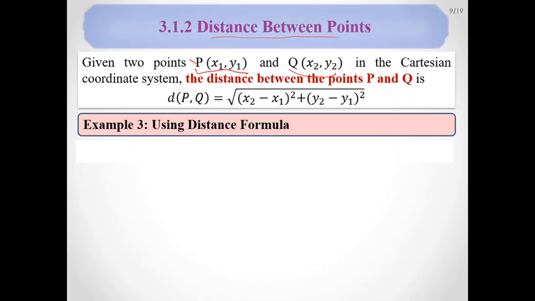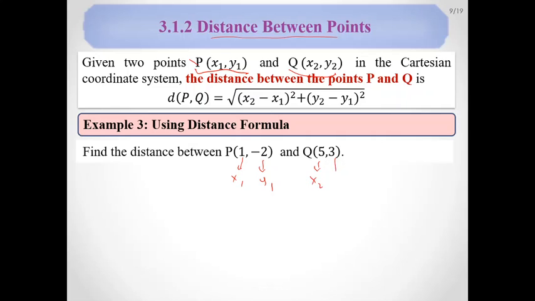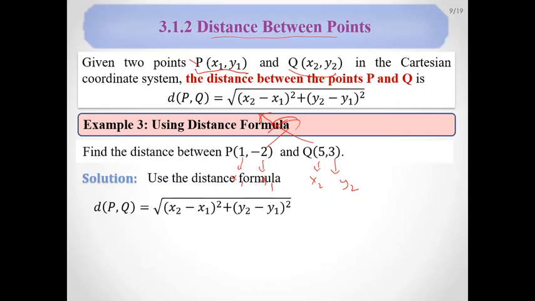Now let's use this formula in this question. Find the distance between P(1, -2) and Q(5, 3). You can see here this is x1, this is y1, and x2, y2. Then you put them in the formula. By the way, you can switch them because we're taking the square.